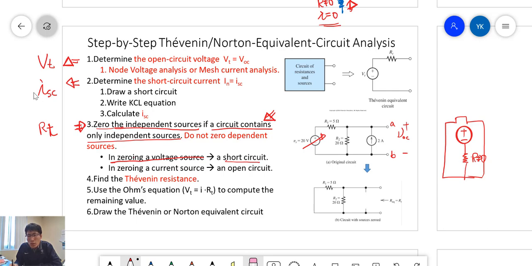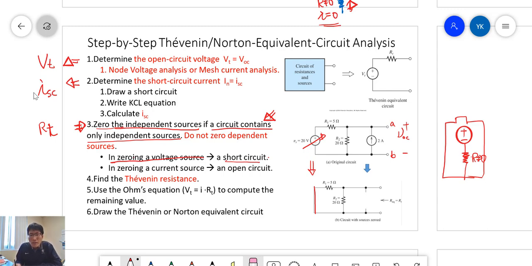Ideally they go to zero, so inside there is no resistance, and current flows, which means that the voltage source is kind of a short circuit. Zeroing a voltage source, replace it with a short circuit.